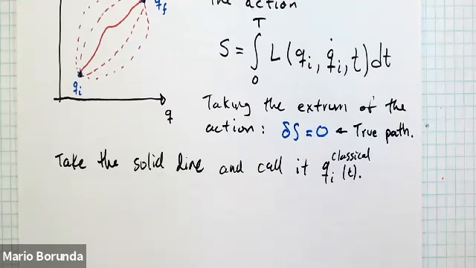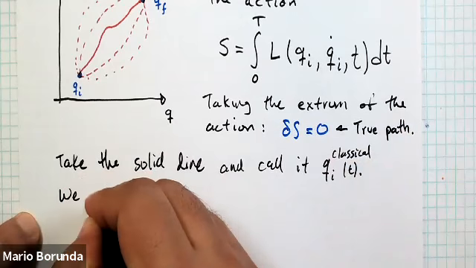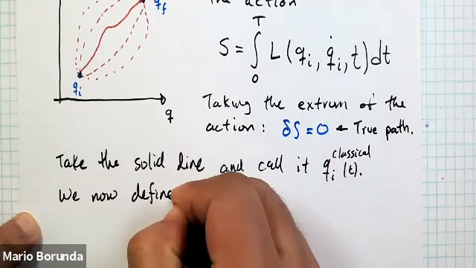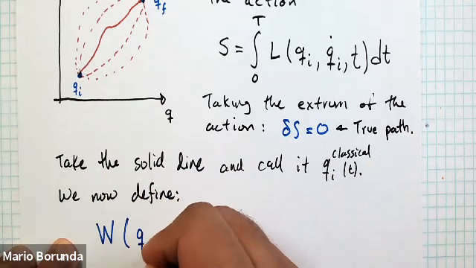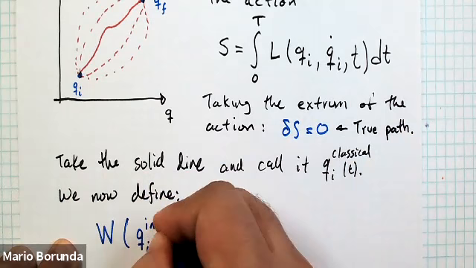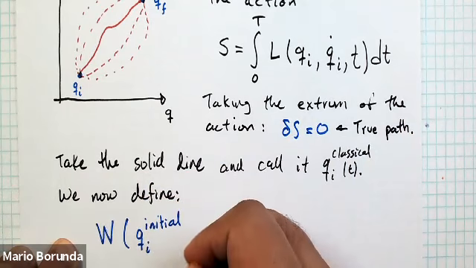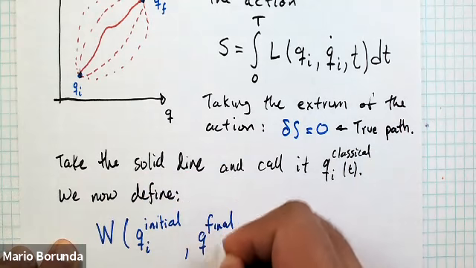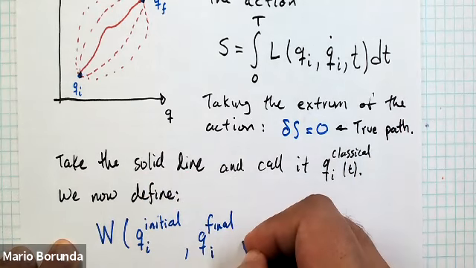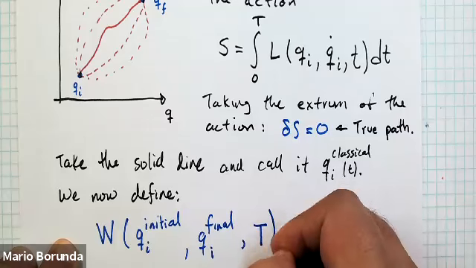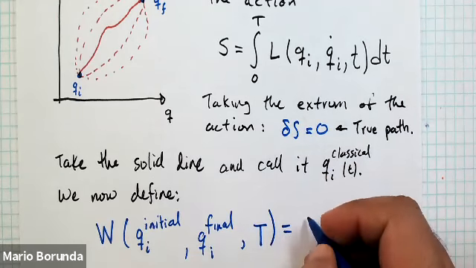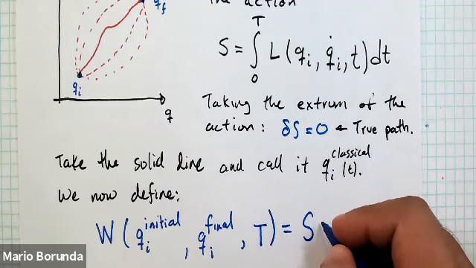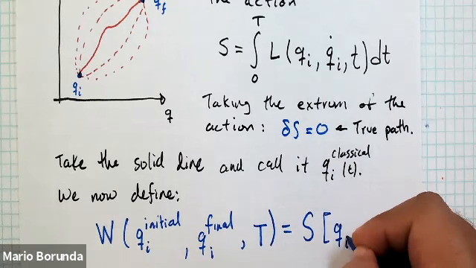Once we have that one, let's define this new quantity, and this one is a W. It depends on the initial point, the final point, Q, and how long the path takes. And what we're doing is defining this as the action taken along the classical path.